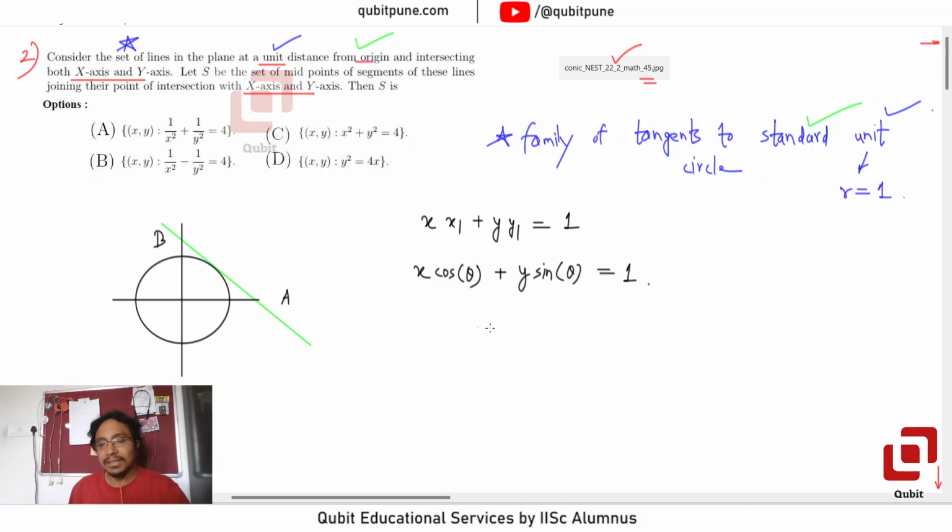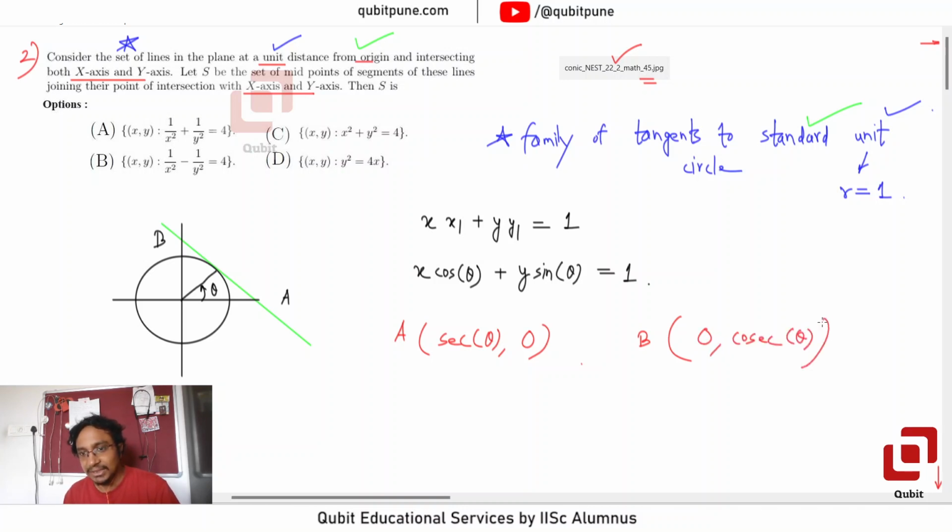And theta will be basically the angle which that point makes with the x-axis, standard polar coordinates. Now, where will this line intersect the x-axis, when y is 0? So what will be A? A will be sec theta comma 0. And what will be B? B will be 0 comma cosec theta, because it is the intersection with the y-axis.